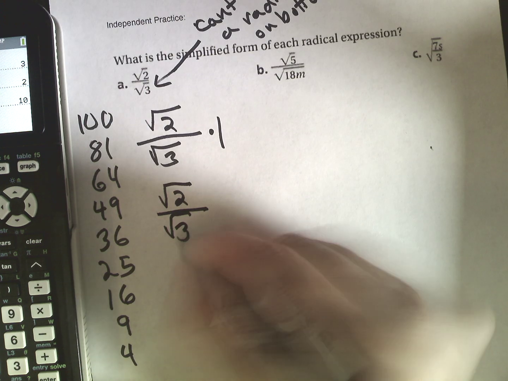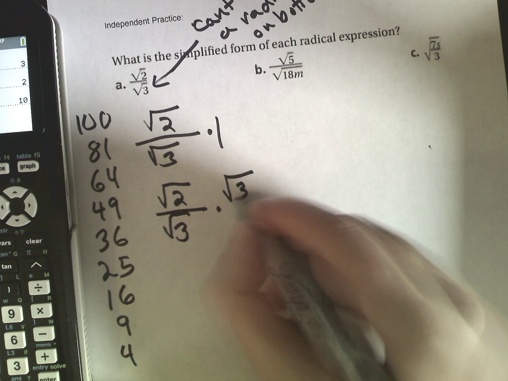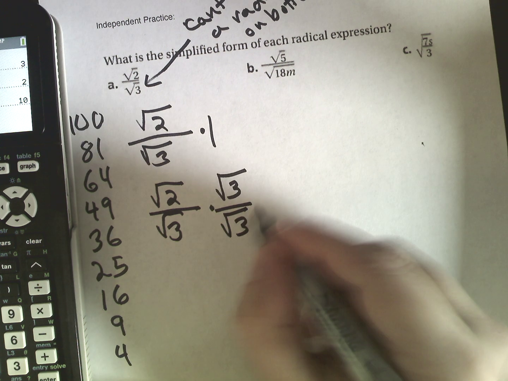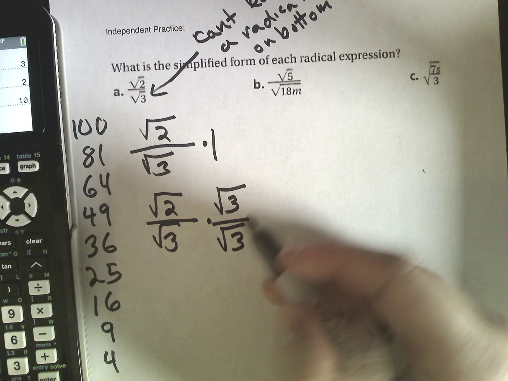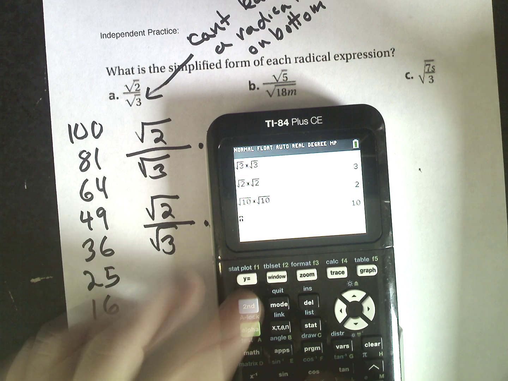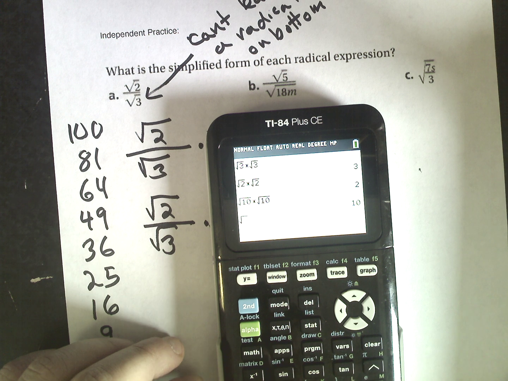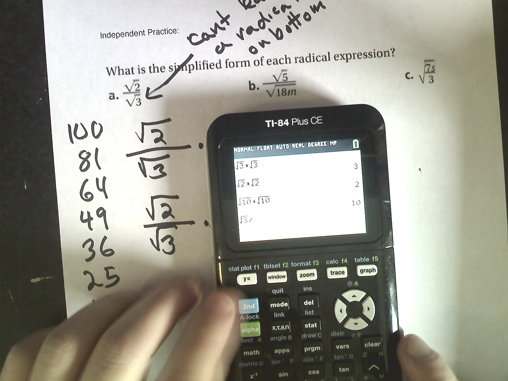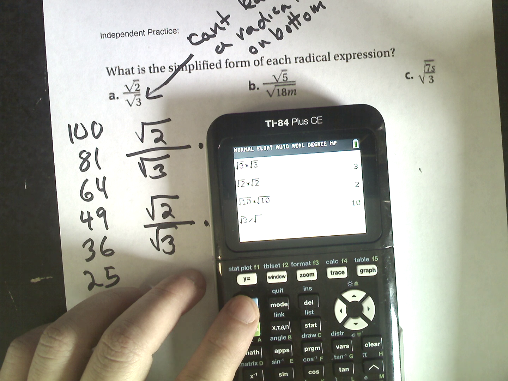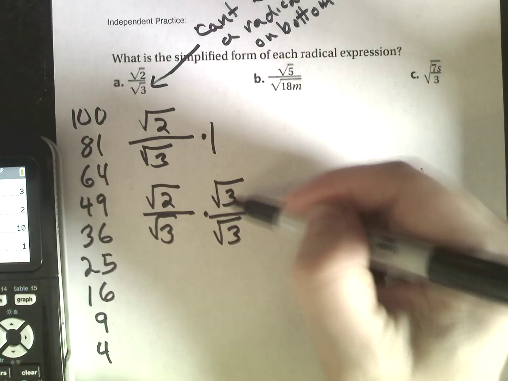My 1 that I'm going to multiply our number by is going to be this: square root of 3 over square root of 3. Square root of 3 divided by square root of 3 is just 1. Okay, so that's a special type of 1.